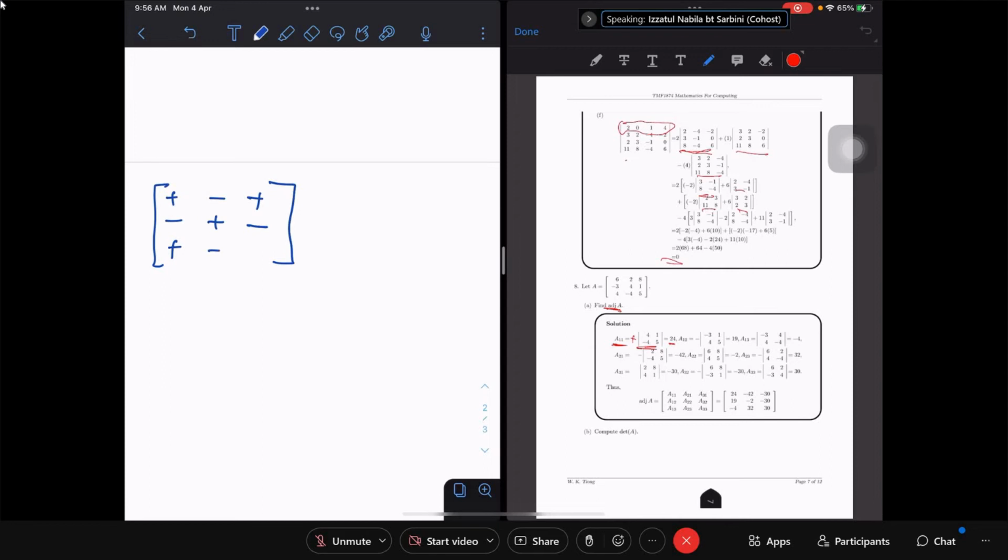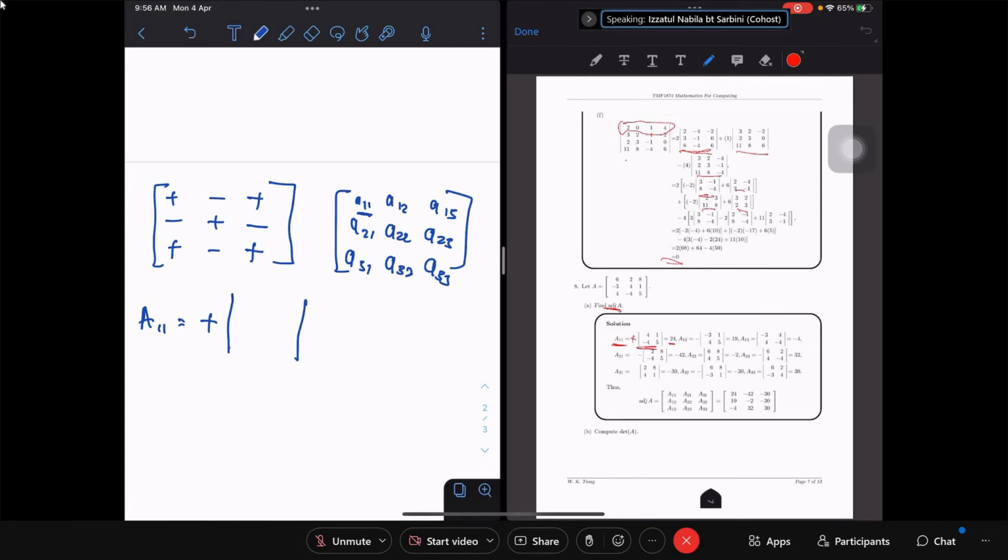So you have to know the positions. This is A11, A12, A13, A21, A22, A23, A31, A32, and A33. So it means that A11 will be positive. So when you calculate A11, it will be a positive determinant.